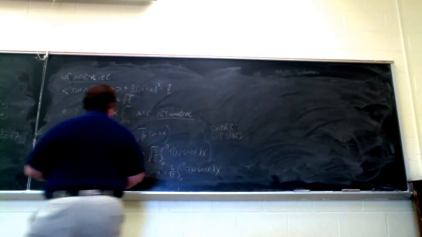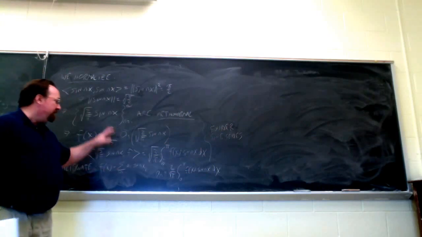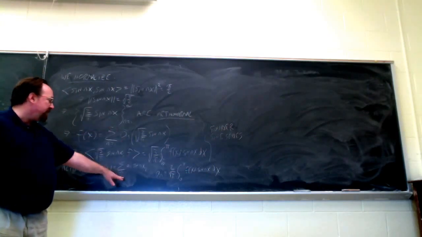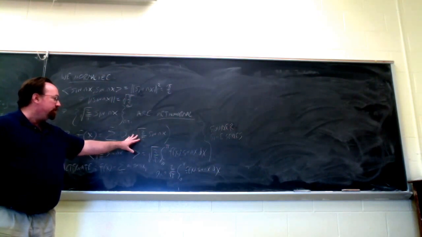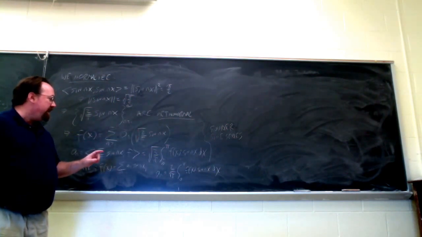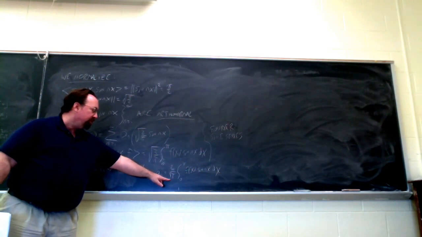So the only difference between these two ways of writing it is that you have 2 over pi in total, and in the second form I put it all in one place.